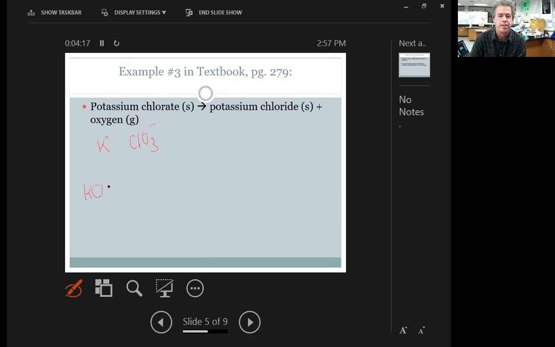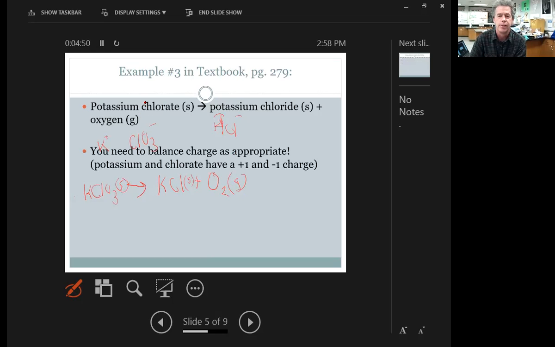So KClO3 reacts to yield potassium chloride, this is KCl, plus oxygen gas. So that would be your chemical skeleton equation for this reaction.